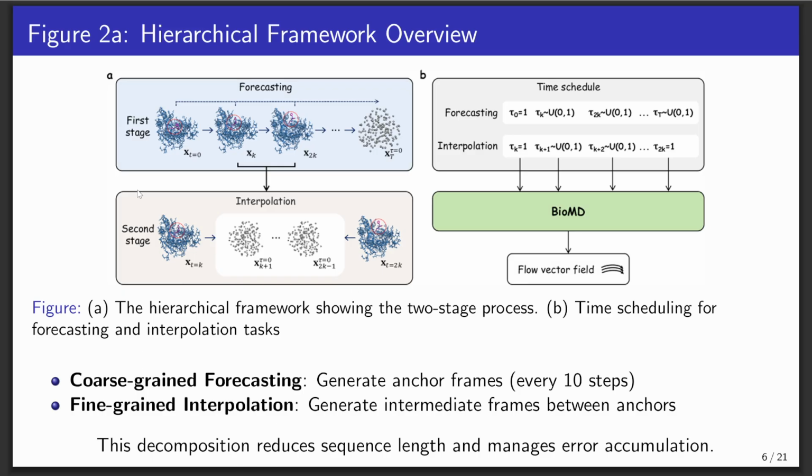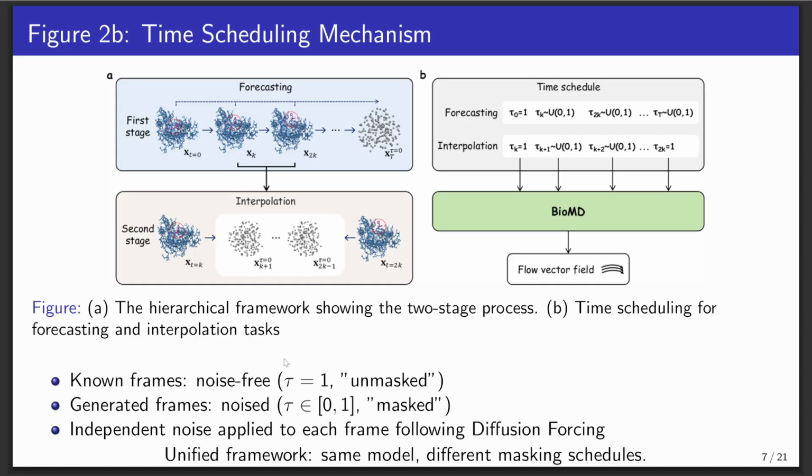And the yellow part is fine-grained interpolation, which generates the intermediate frames between two anchors. This decomposition reduces the sequence length and manages error accumulation. Also, this framework uses flow matching-based models to generate the geometries.